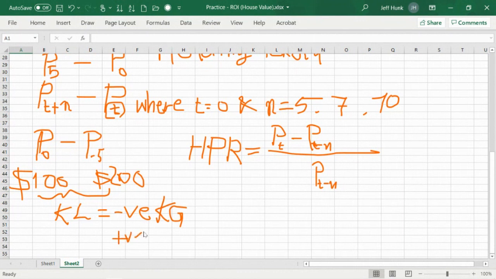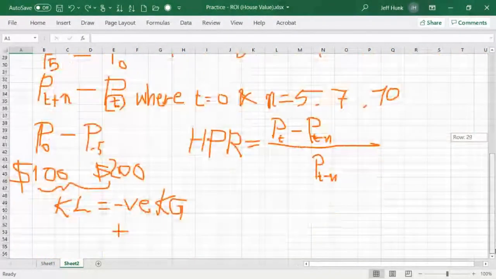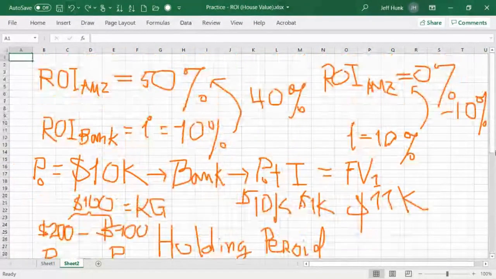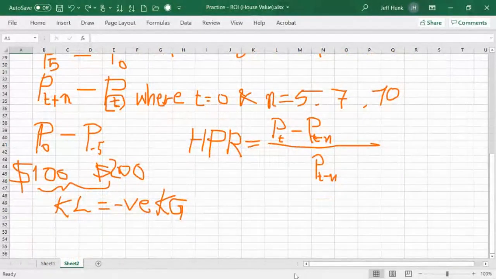Makes sense? This is the way economists write, because they don't spell out everything since it takes too much time. So capital loss is the same thing as negative capital gain. So if this is the case, then there was negative capital gain, or capital loss, and the return will be negative.